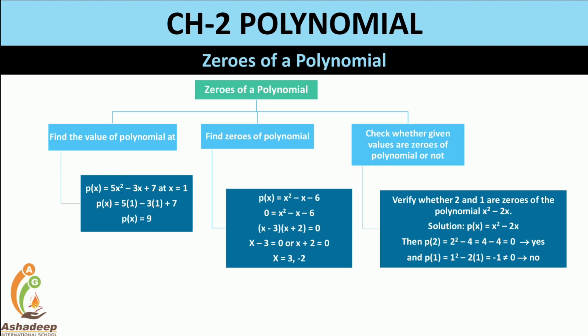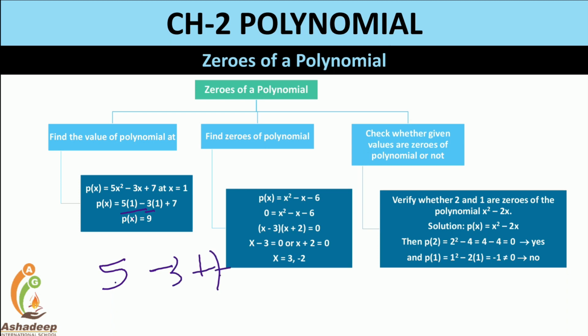We simply have to put 1 instead of this x. Instead of x square, 1. Instead of x, 1, and 7 as it is. So 5 ones are 5, 3 ones are 3, plus 7.